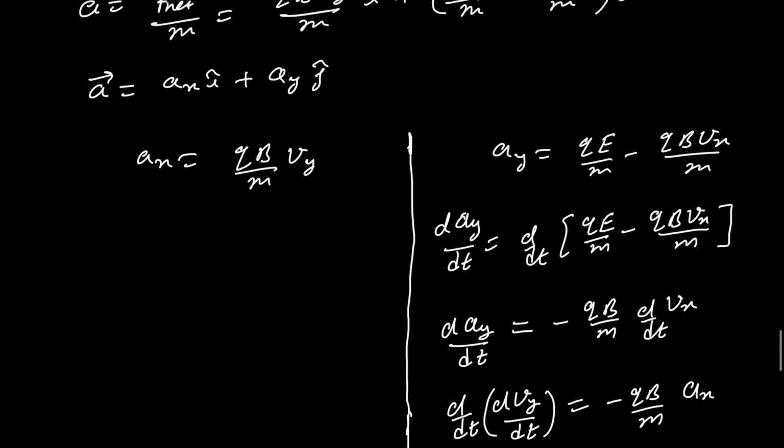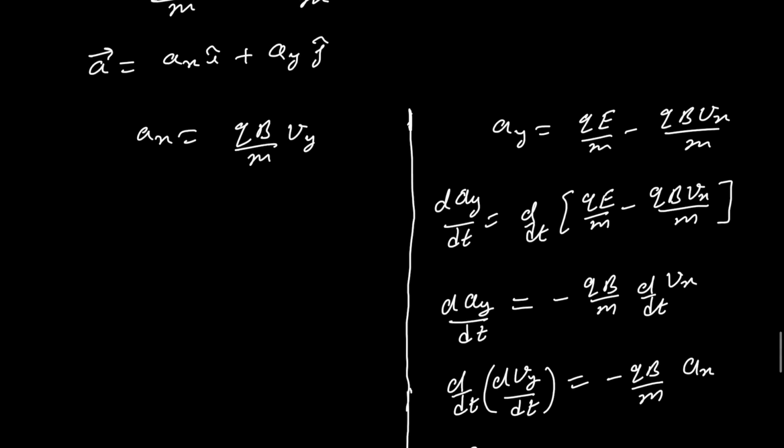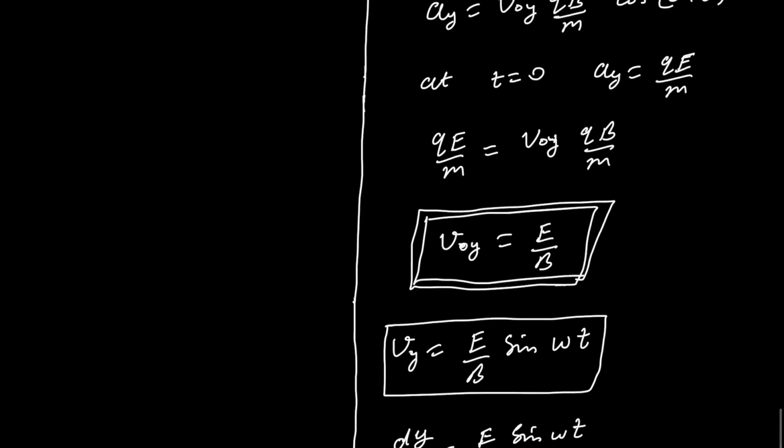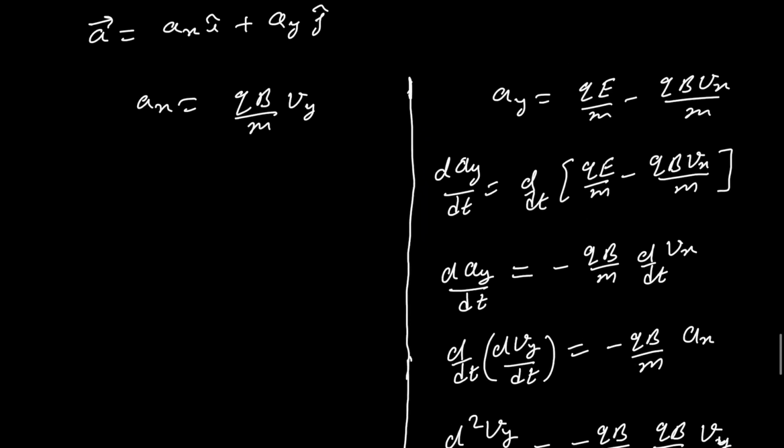So along the x-axis what we see is ax is equal to qB by m vy, but we have already found out vy is a function of time. As you can see, this is vy as a function of time. So we can directly use this vy in our equation on the left side, ax. So we'll put this vy in this ax.